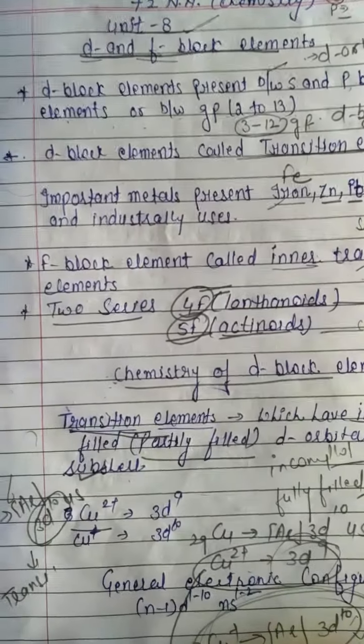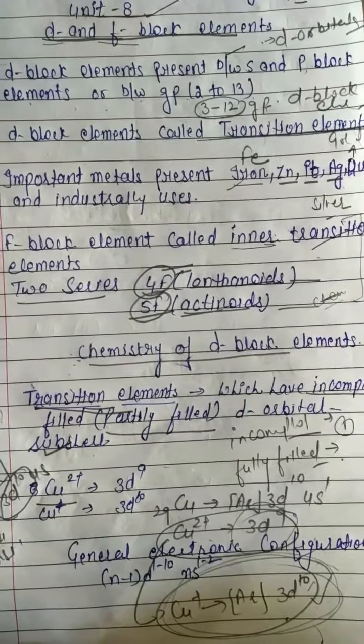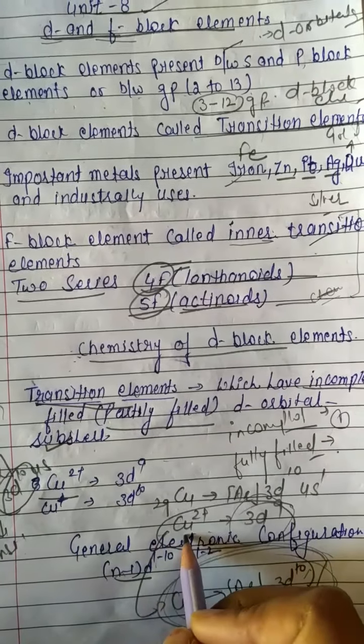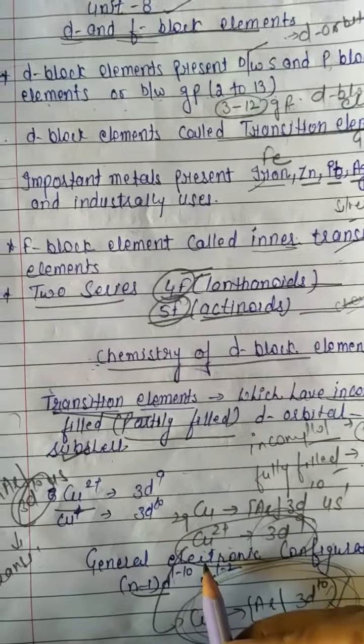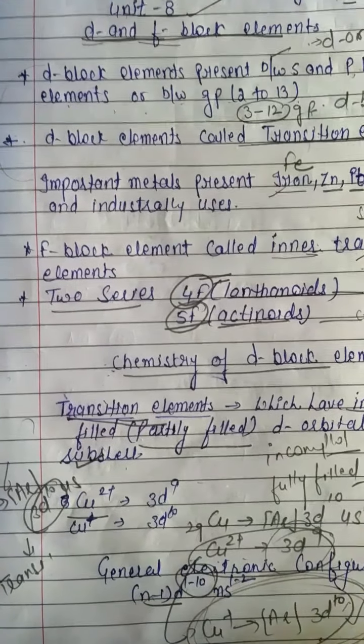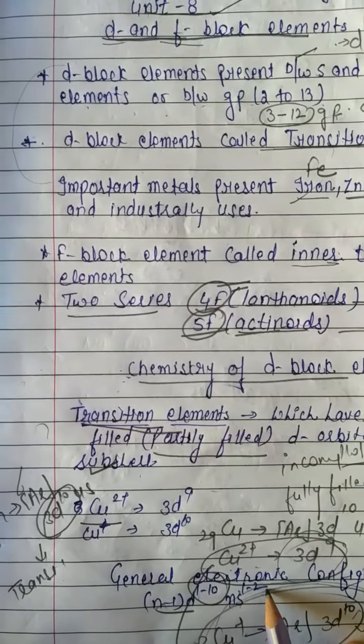Now next, the nL electron configuration of a d block element. The nL electron configuration of a d block element is (n minus 1) d1 to 10, which means 1 to 10 electrons are present in the d orbital, and ns1 to 2.